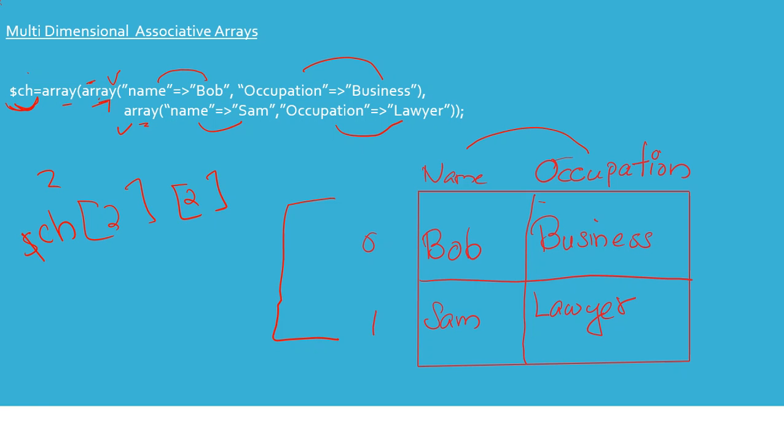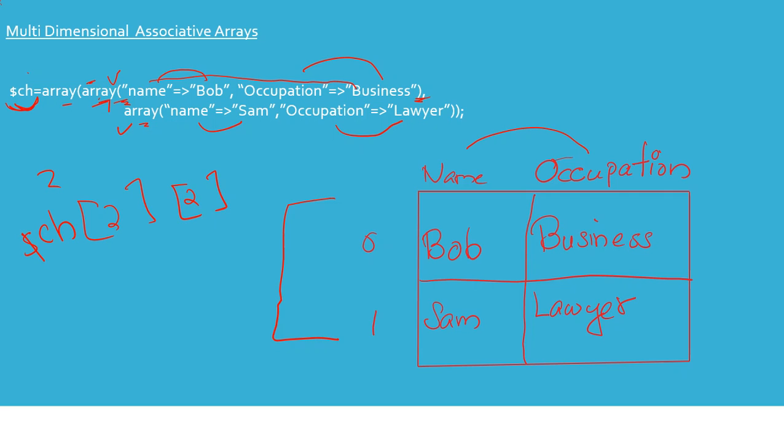Now why are there 0, 1 indices here, but named indices there? It is because whatever is inside this bracket is the value inside each array along the row.